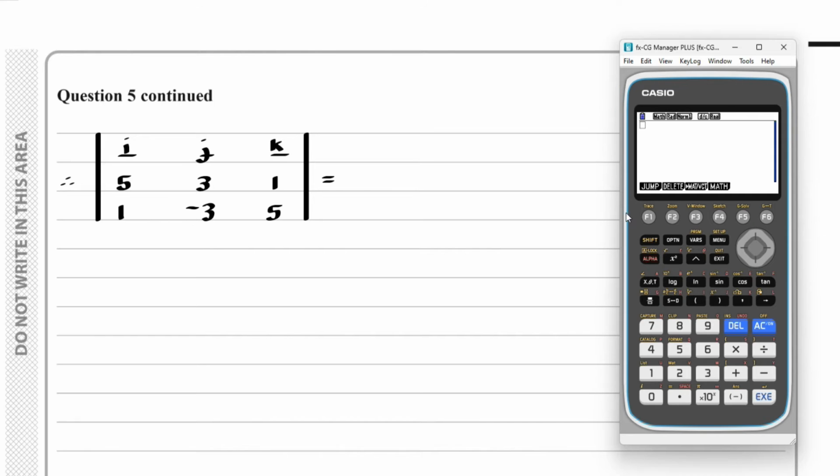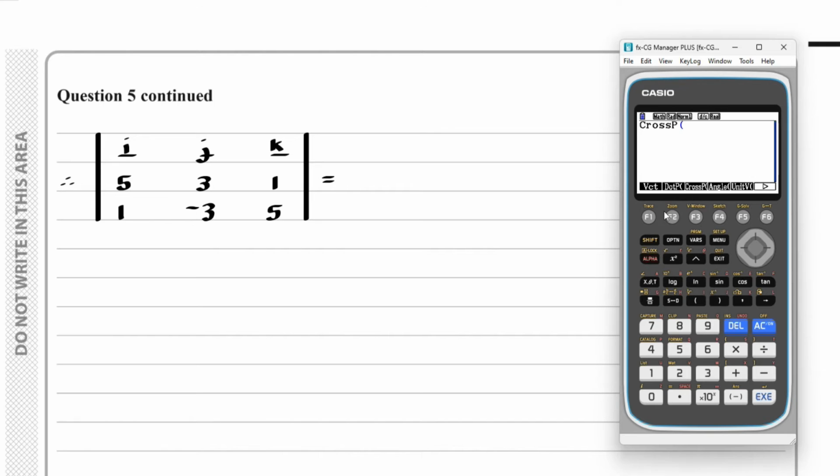So now we need to calculate with all this. So if I press options, then go to matrix/vector, press F6, and press F6 again, we want the cross product.